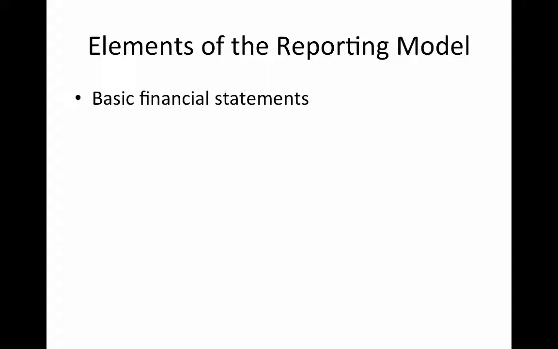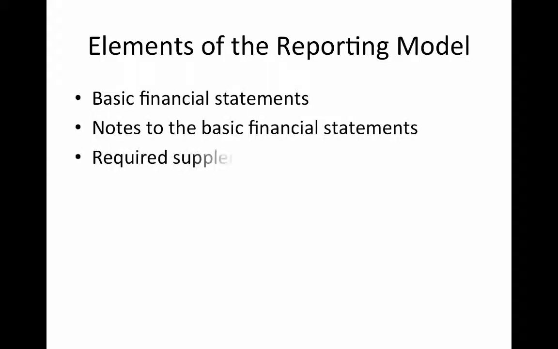The reporting model consists of the basic financial statements, the notes to those statements, and required supplementary information. These are the components that anyone who is aspiring to a clean audit opinion under governmental accounting standards, under governmental GAAP, has to include at a bare minimum.